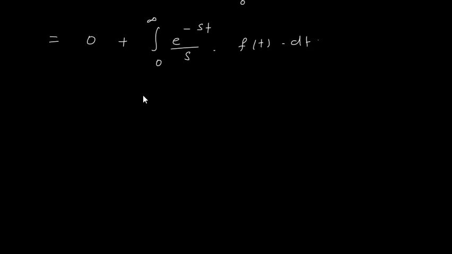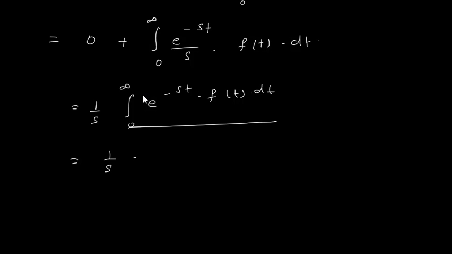So this is nothing but 1 upon s into 0 to infinity e power minus st into f of t dt. So this is 1 upon s into Laplace of f of t, or I will say 1 upon s into phi of s.